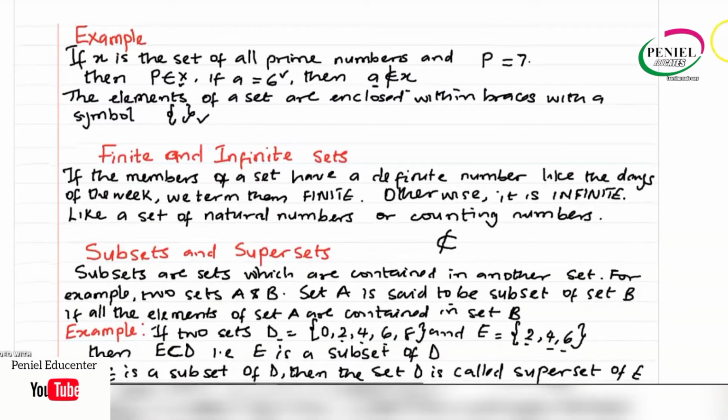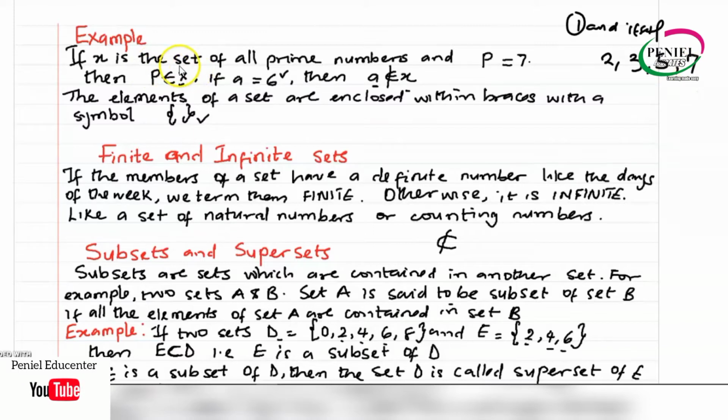Take for example, if X is the set of all prime numbers, and we know that prime numbers are numbers that are divisible only by 1 and itself. So 1 is not part of the prime numbers. We have prime numbers like 2, 3, 5, and 7.